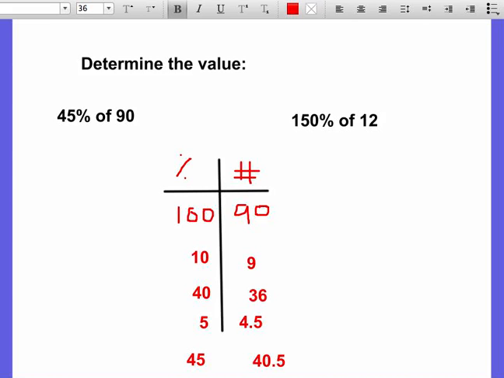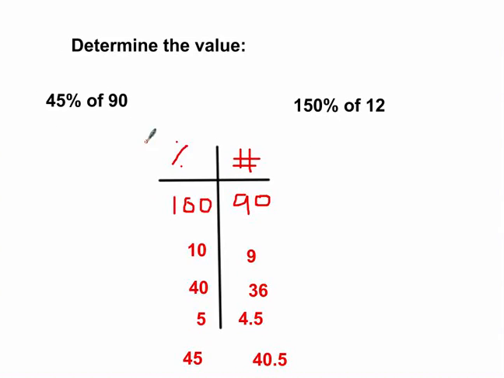To do 150%, like is in the next problem, I'm not going to go through it, you start with 100%, and then you need to get bigger. So you need to find what 50% is and then add them. You might be able to do this in your head. The answer would be 18.